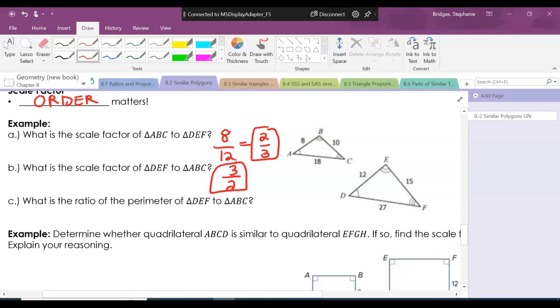Then I want you to do the same thing to triangle DEF. Add all of the sides of ABC, tell me what that perimeter is. Then add all the sides in triangle DEF and tell me what that perimeter is.